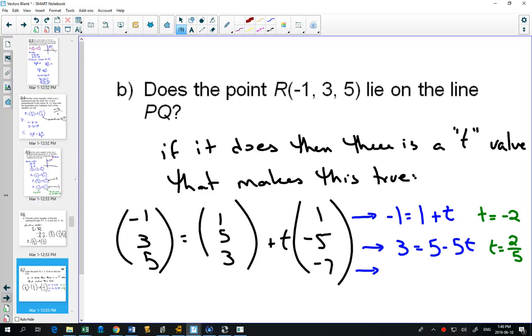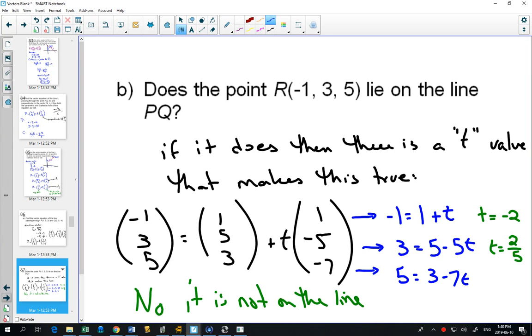We can already say it's not on the line. We don't even have to do the third one. We could do the third one if we wanted to. The third parametric equation, if you solved for that one, you would get t equals -2/7.